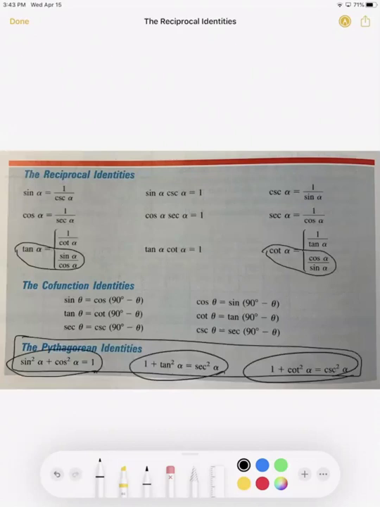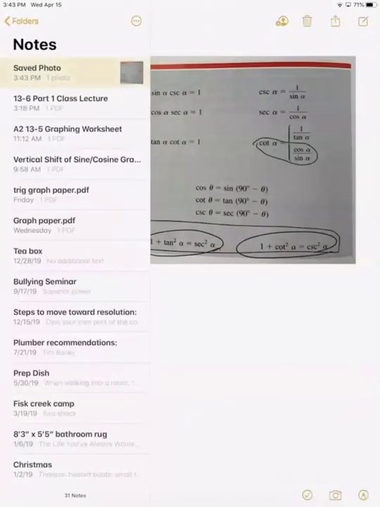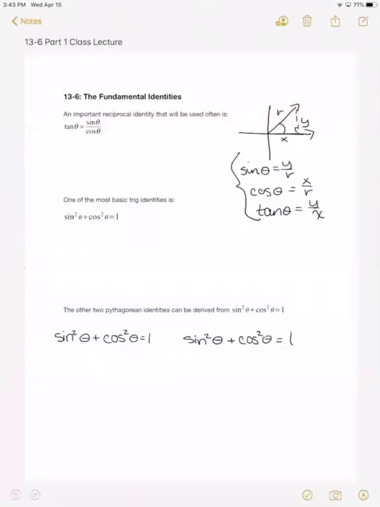Now I'm going to go ahead and go out of this, and let's go to this section here. What I've done on the right side is I've drawn an angle in the first quadrant and created a triangle in there.